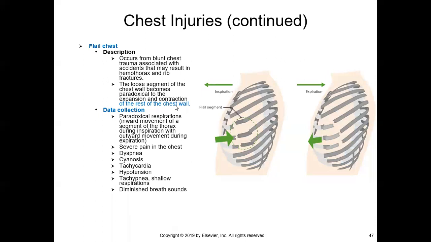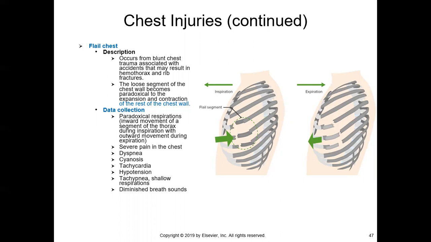So what does paradoxical mean? I said during inspiration the segmental portion goes inside, but during expiration the broken segment bulges outside. The two sides are not symmetrical during inspiration and expiration. It is called paradoxical respiration.